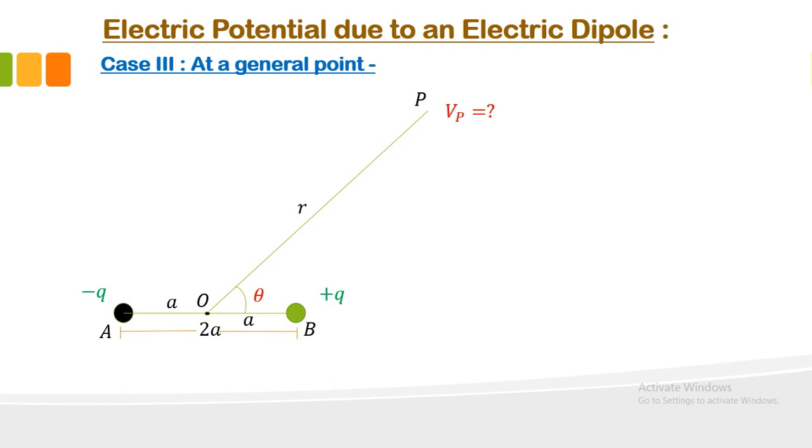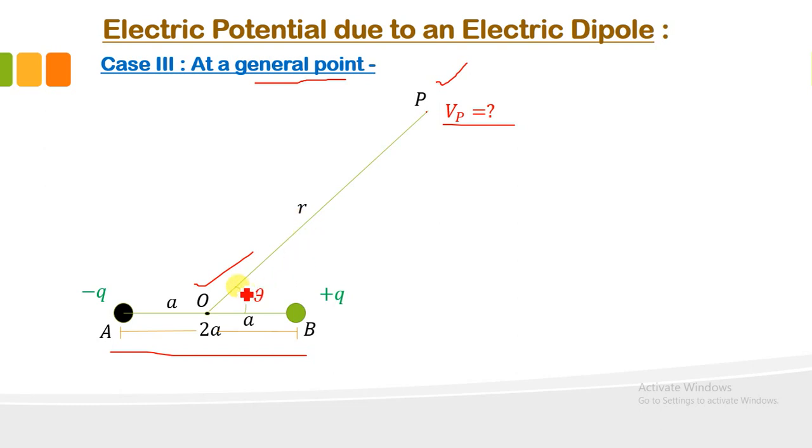Case 3, at a general point. In this case, we are going to find out electric potential at a general point. What is the meaning of general point? Suppose the dipole axis is AB, its center is O, and from O at a distance r there is a point P where potential is to be found.